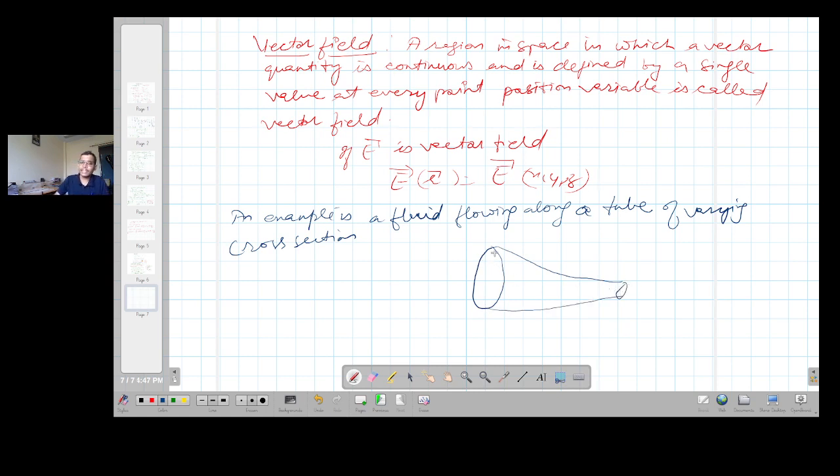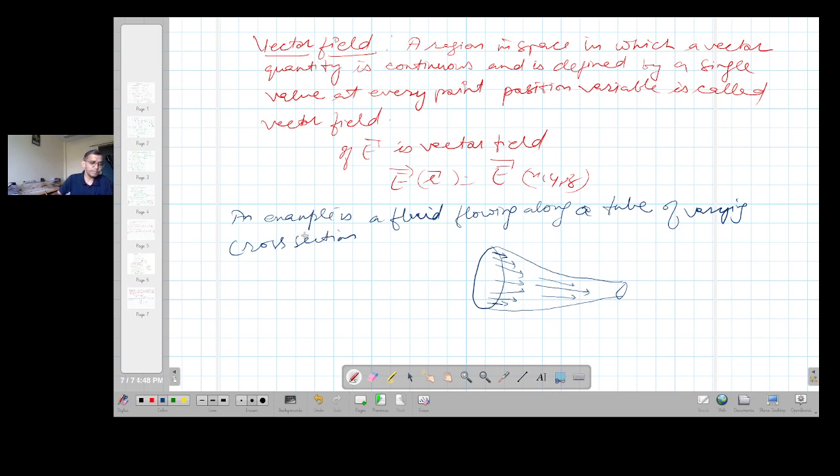As we see, near the surface of the tube the velocity of the fluid will be lesser, and as we move away from the surface towards the center, the velocity keeps on increasing. Another thing, as the area of cross section decreases, the velocity also increases. That's what will happen, right?